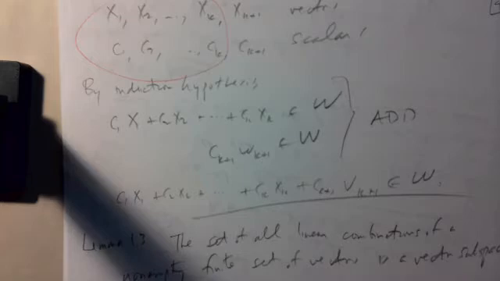Because if you take the linear combination with all the scalars equal to 0, you get the 0 vector. And if you take two linear combinations and add them, you just get a bigger linear combination. So there's really not very much to prove about that.